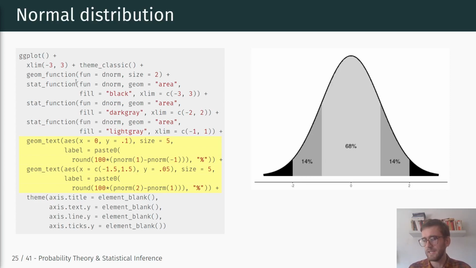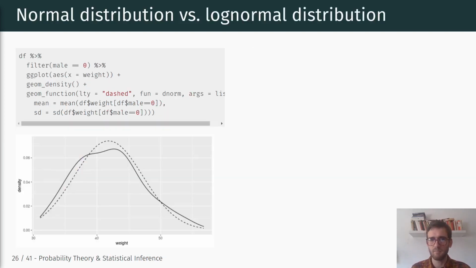Okay. Lastly, the last thing that is mentioned in the chapter is this distinction between normal distributions and the log normal distribution. The log normal distribution is basically a distribution that is in raw terms not normally distributed, but if we log the distribution, then the log itself is normally distributed.